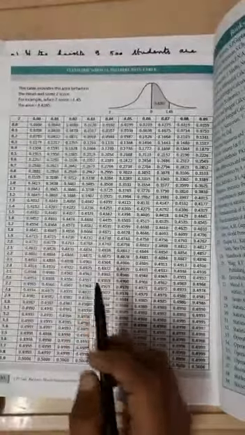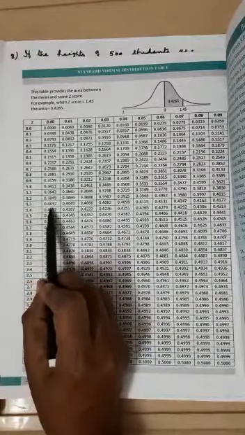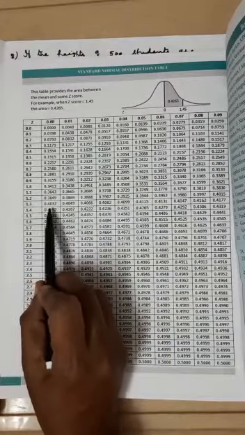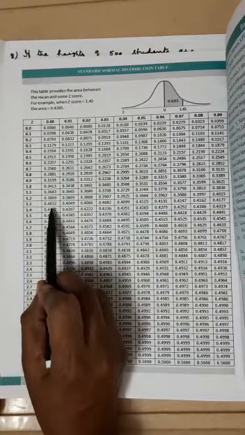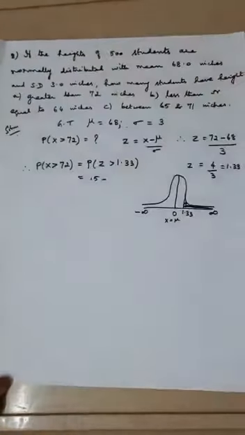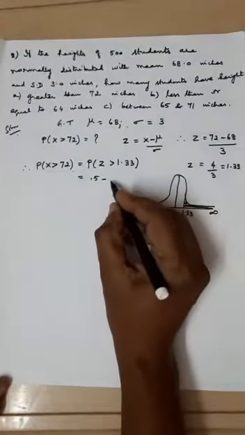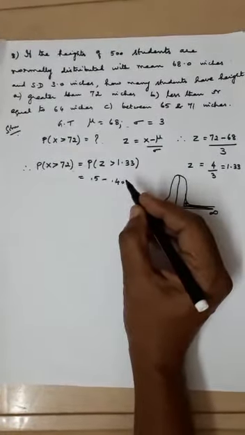For Z equal to 1.33, in the last column, it is 1.33. So under 1.33, you see the value is 0.4082. Are you able to identify 0.4082? So for 1.33, the value is 0.4082. So I will substitute that value.